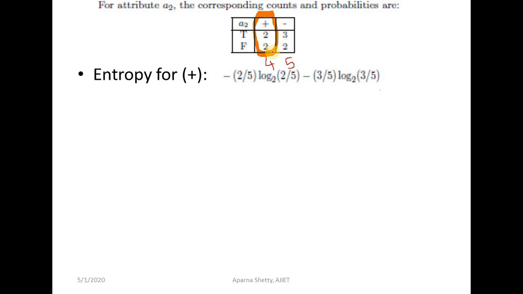So the entropy for plus is given by 2 divided by 4. It is wrong here.